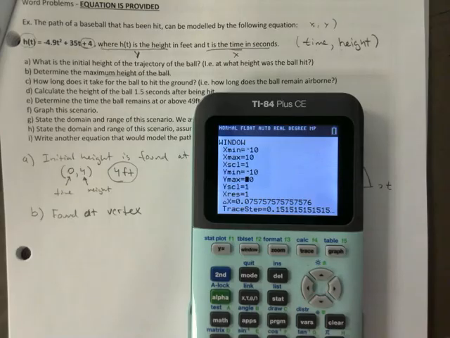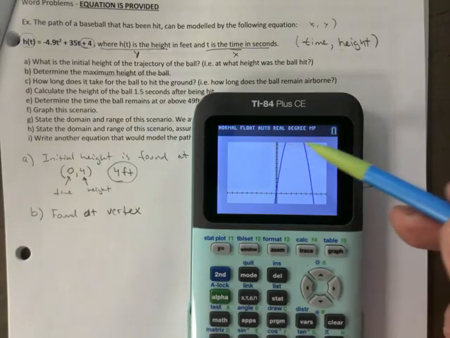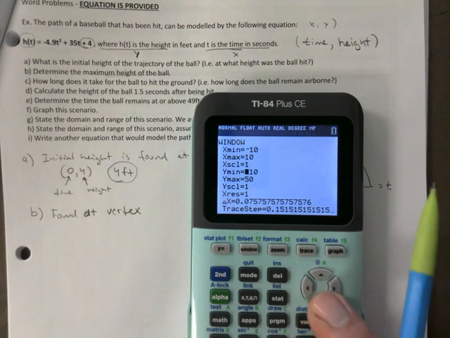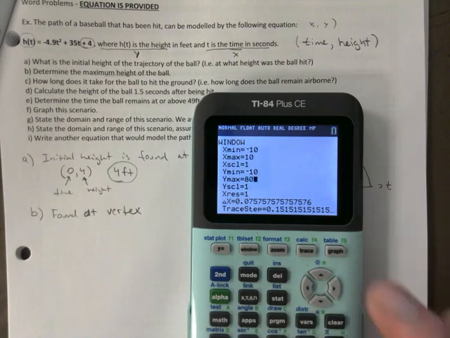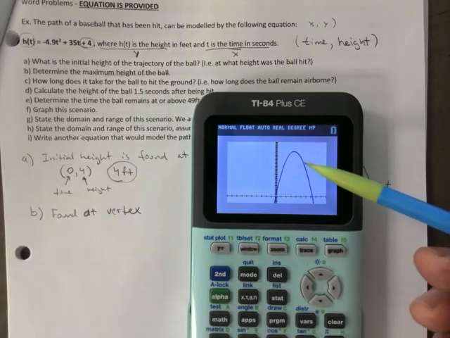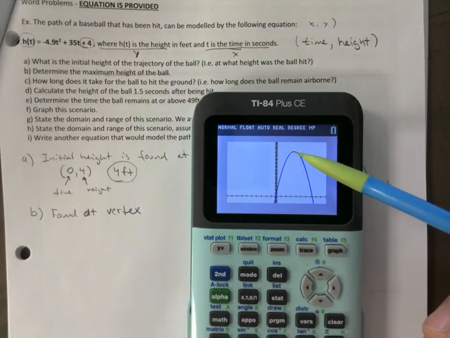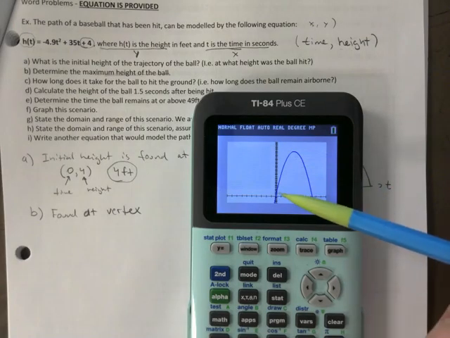In this case, I'm going to try y max 50. Still not high enough. We need to go a little higher. Let's go 80 for y max. And there it is. You can see the vertex. So all I've done is I changed my y max until I could see the cap, and I see the x-intercepts here and here and the y-intercept, so we're good to go.